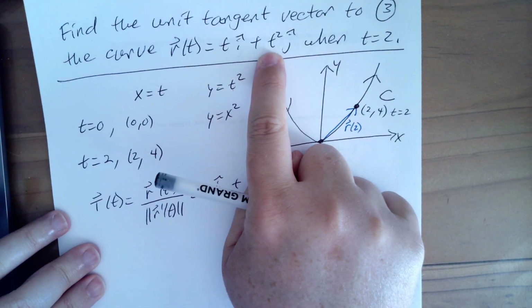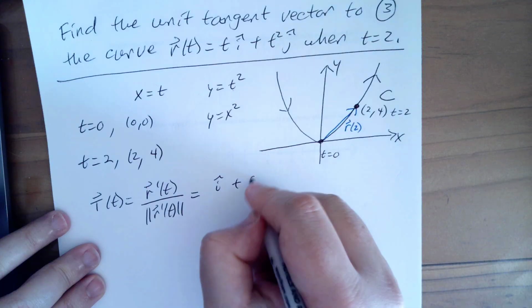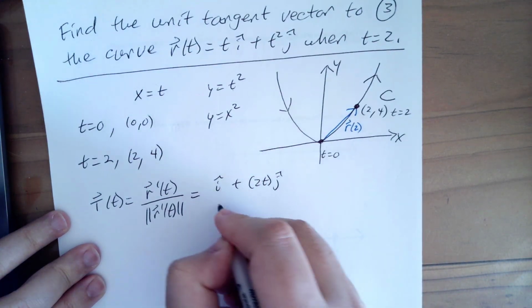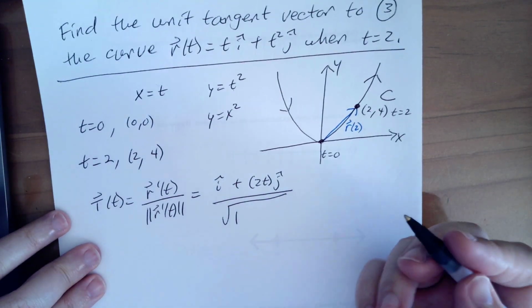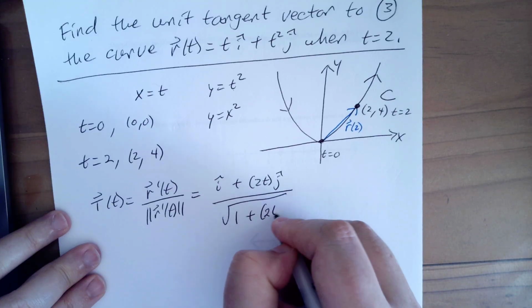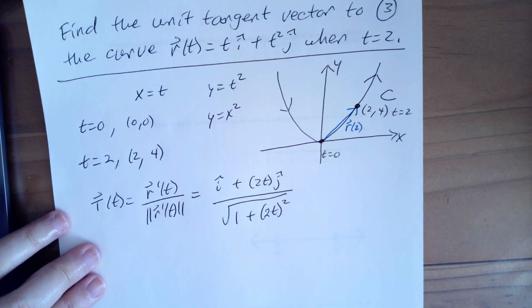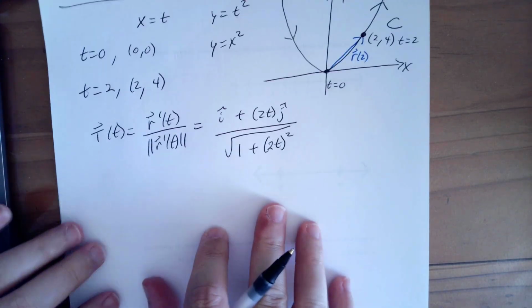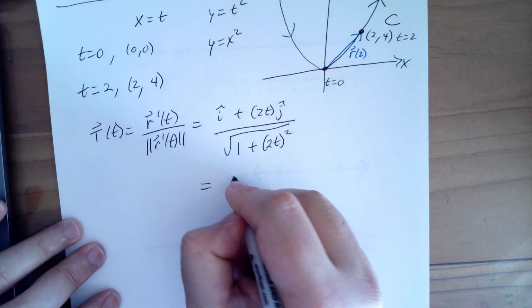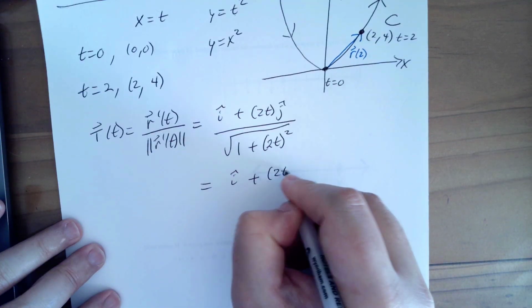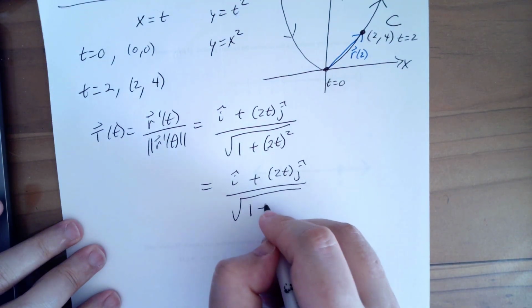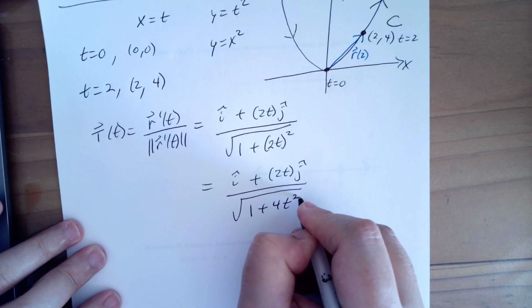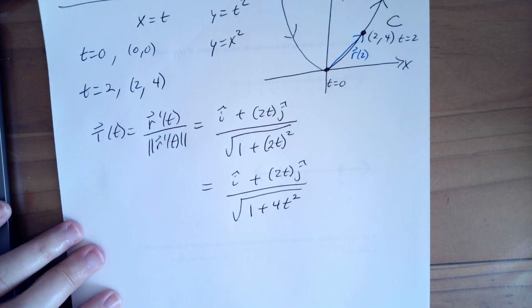The derivative of this, 2t j hat, divided by, we need the magnitude, so we'll take the square root of 1 squared, which is 1, plus 2t squared. There's your setup. Hopefully that makes sense. We'll simplify this. This is i hat plus this 2t j hat over the square root of 1 plus 4t squared. Okay. Hopefully that was simple enough.